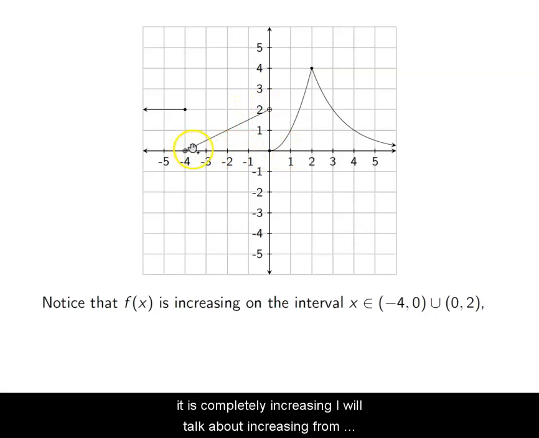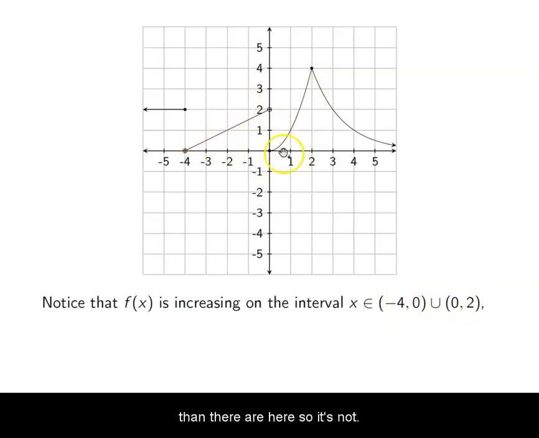So I'm not going to say it is completely increasing. I will talk about it increasing on one interval and then the next interval of increase. I join those with the union symbol. This is one interval of increase, and this is another, but it is not from -4 to 2 because there are larger values here than there are here.